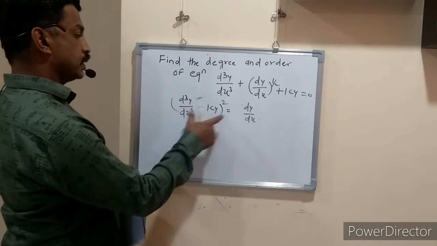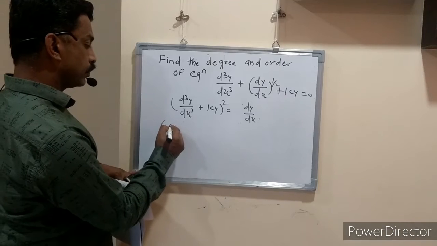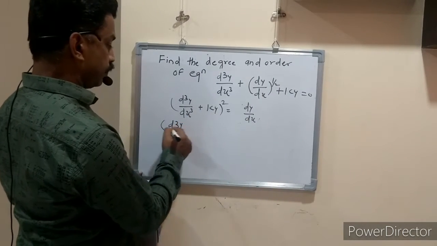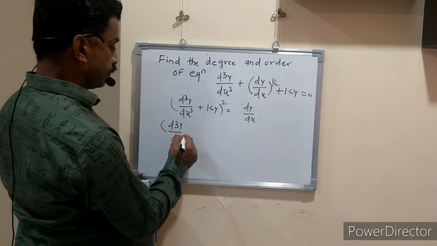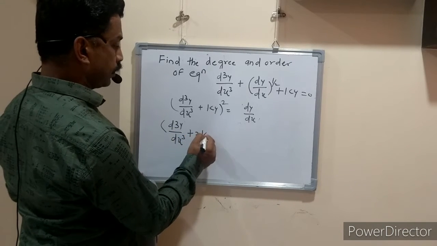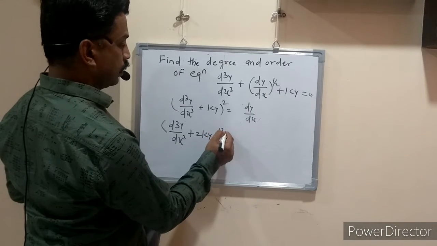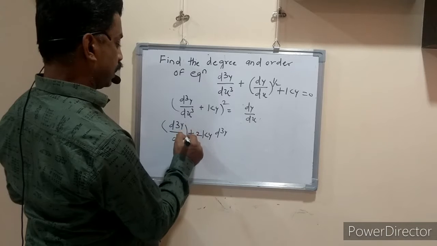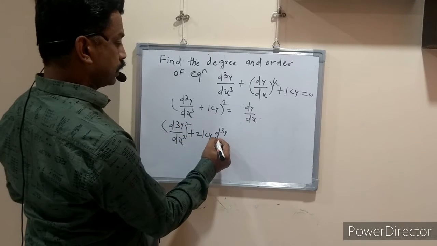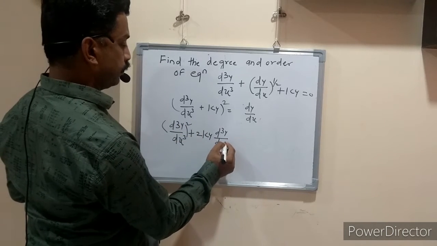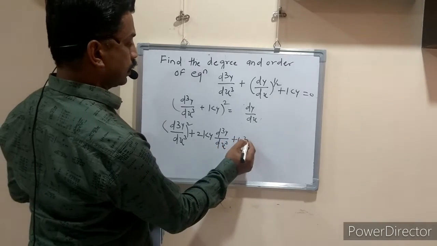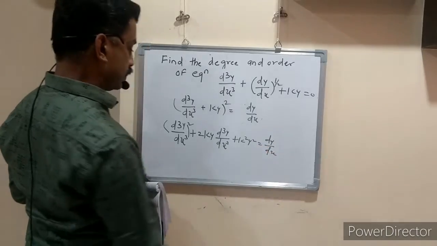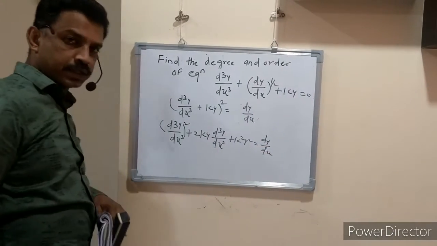Now we can easily simplify this like a plus b bracket square: d3y by dx cube square plus 2 ky d3y by dx cube plus k square y square equal to dy by dx. Now this is the rationalized equation.